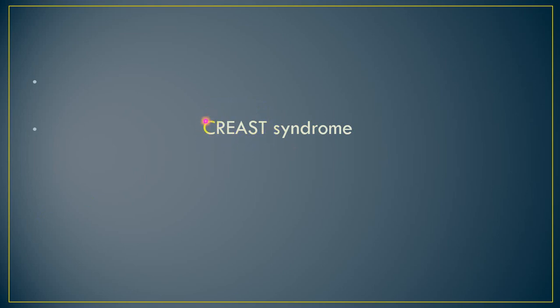C for calcinosis, R for Raynaud phenomenon, E for esophageal dysmotility, S for sclerodactyly, and T for telangiectasia. When we gather it all together, we get CREST syndrome, which is a subtype of limited disease.